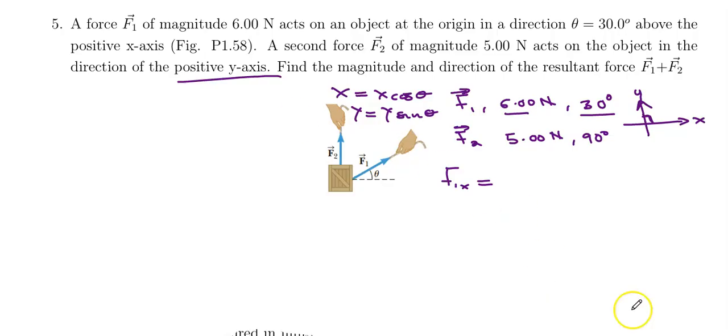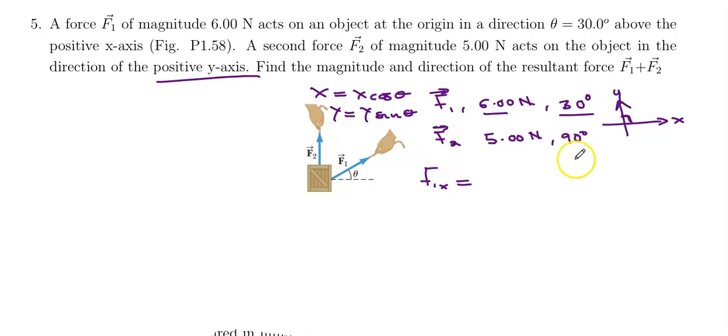So our x component now is going to be 6 cos 30.